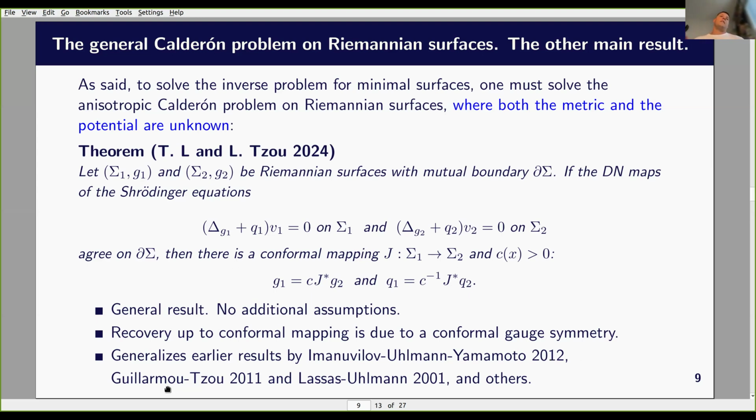Then it also generalizes a result by Colin Guillarmou and Leo Tzou, 2011. In their case, the metric was unknown and only the potential was unknown. And this also generalizes a result by Matti Lassas and Gunther Uhlmann, 2001. In their case, the potential was 0, but the metric was unknown. It also generalizes results by other people as well.